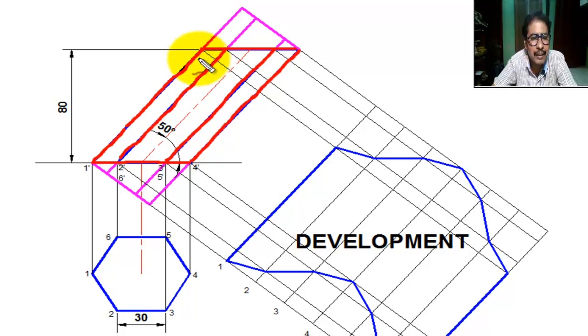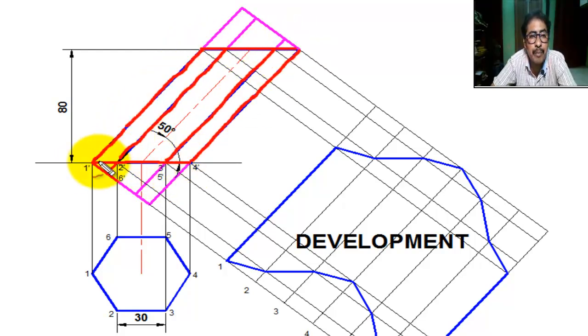Now we convert this oblique hexagonal prism to a regular hexagonal prism.